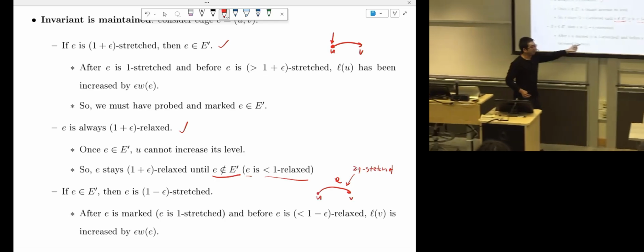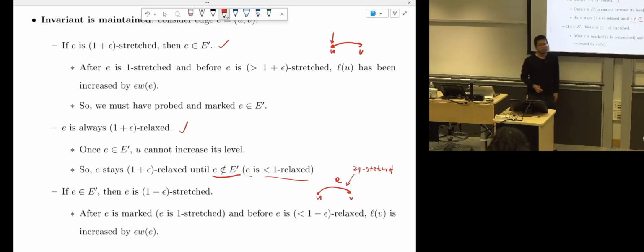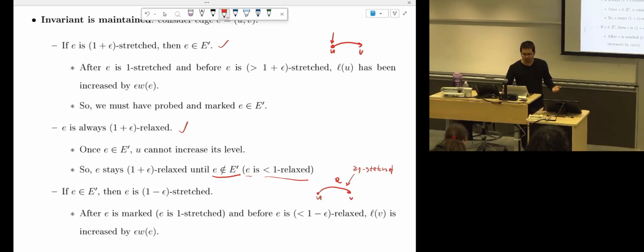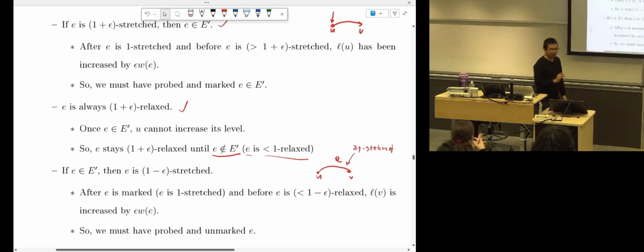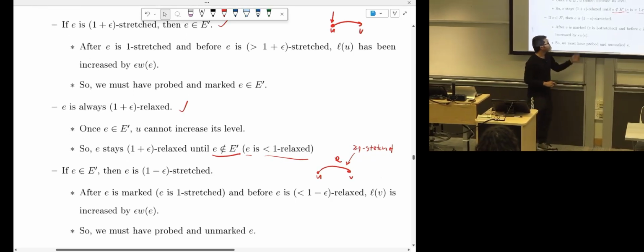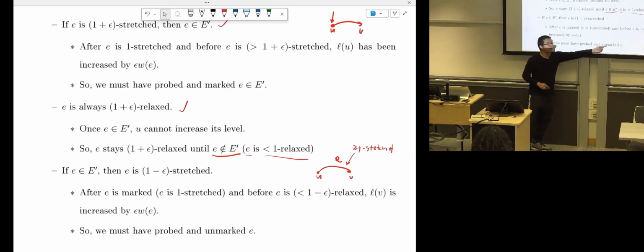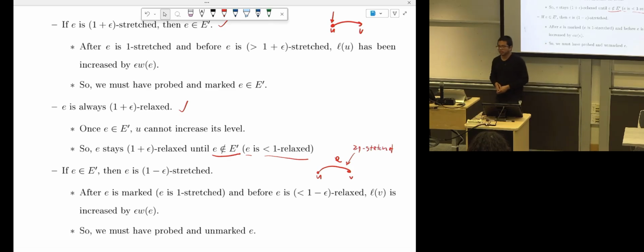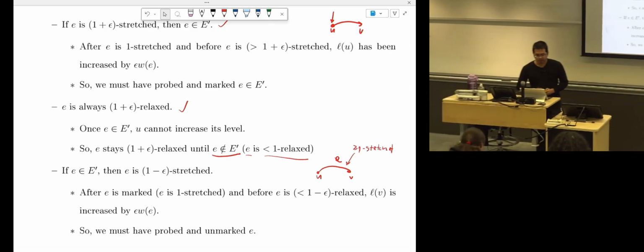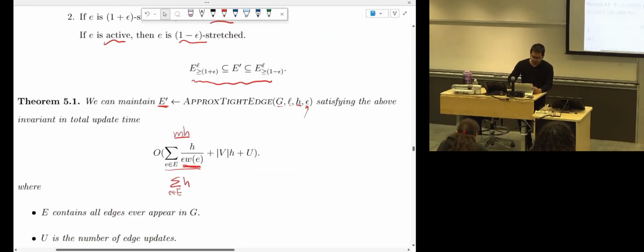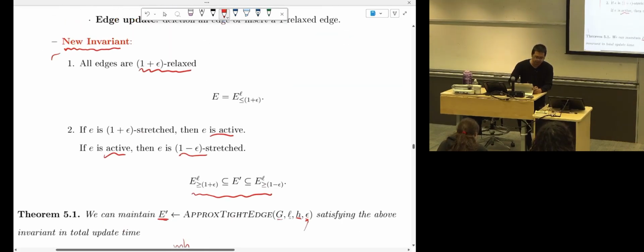By epsilon W. But if that's the case, then we must have probed it and unmarked it if it is actually not stretched. Okay. So are we good now that these 2 invariants are actually maintained?